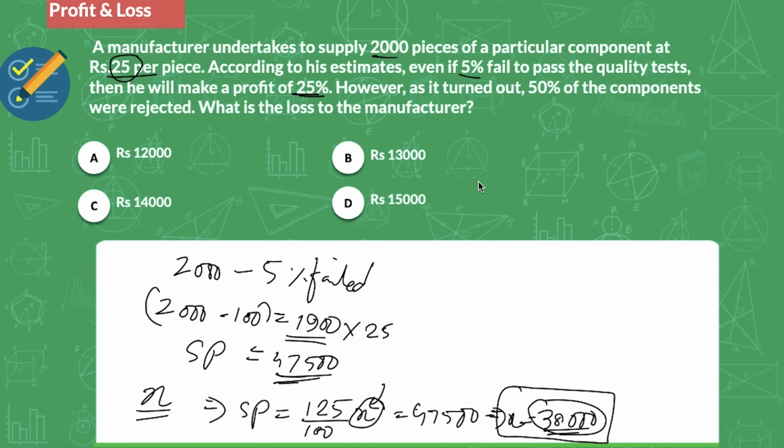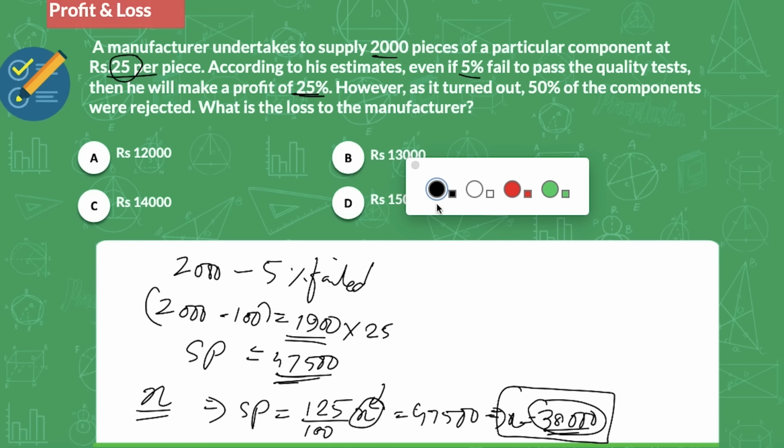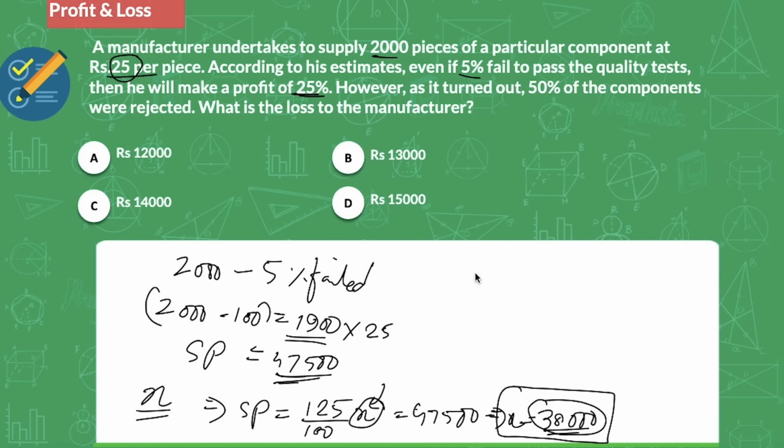Now the second case scenario. It says, however, it turned out that 50% of the components were rejected. So that means in the second case he is only able to sell 1000 components because 50% were rejected, so the leftover were 1000. The selling price is same, which is 25 per component. So the net selling price would be 25,000.